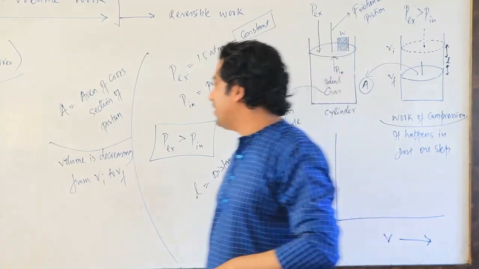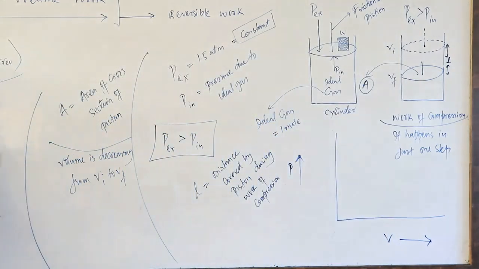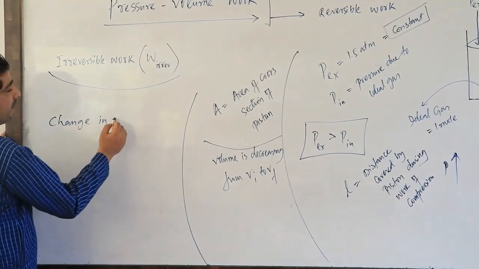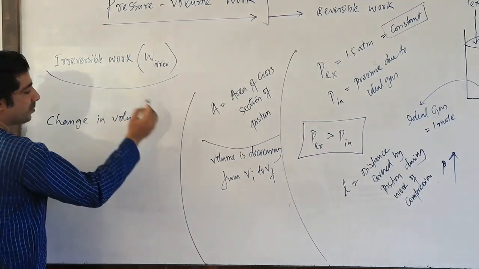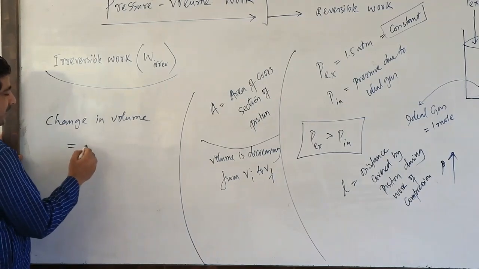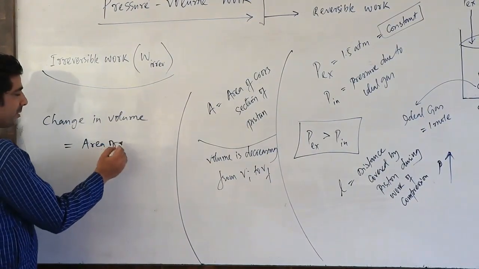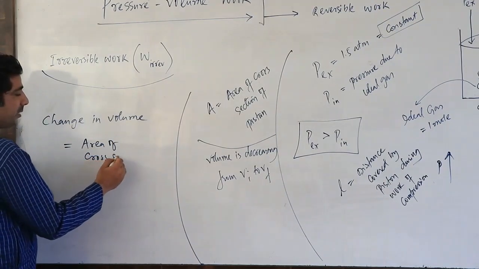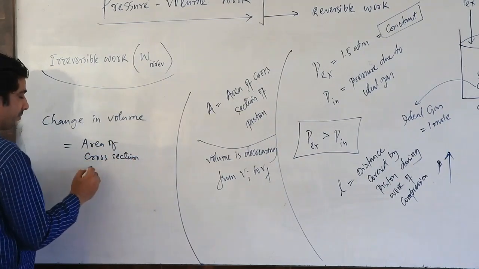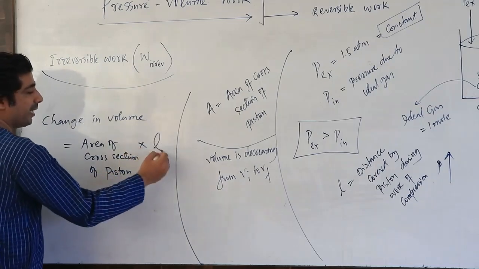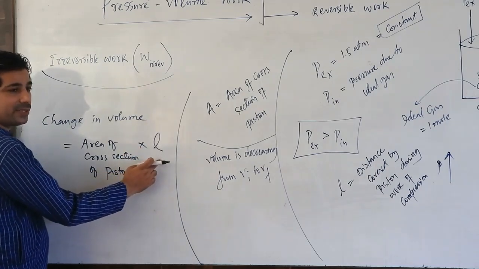So my dear friends, in this irreversible work, the change in volume will be given as area of cross section of piston multiplied by L, the distance covered by the piston.